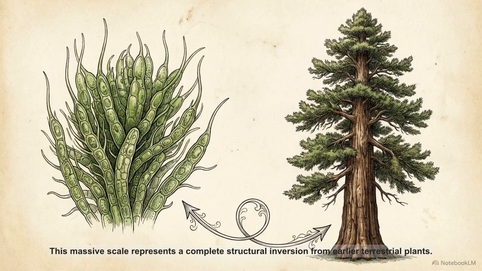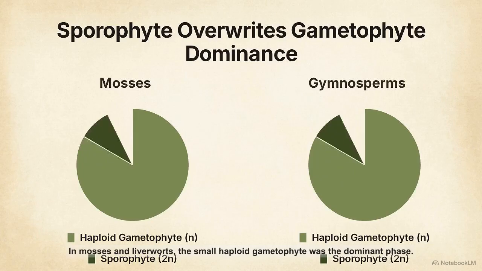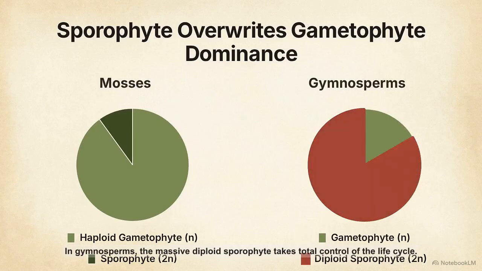This massive scale represents a complete structural inversion from earlier terrestrial plants. In mosses and liverworts, the small haploid gametophyte was the dominant phase. In gymnosperms, the massive diploid sporophyte takes total control of the life cycle.